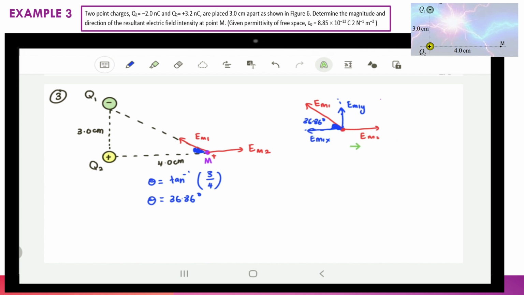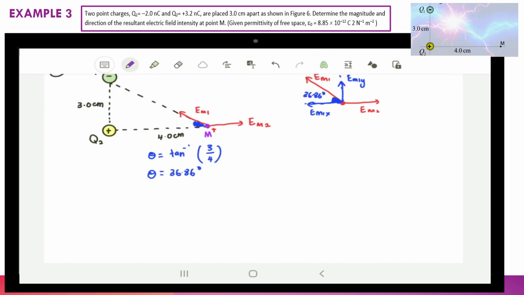in y component. Now let's calculate the electric field strength EM due to the first charge 1. So it's equal to KQ1 over R1M squared. In the question, given that the permittivity of free space is 8.85 exponent negative 12, so you can calculate K, where K is equal to 1 over 4 pi epsilon naught.